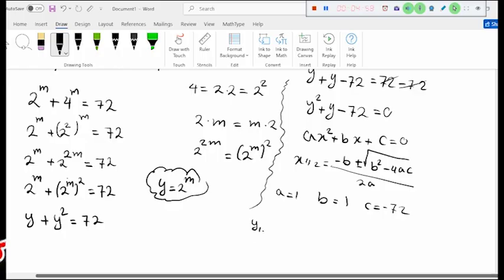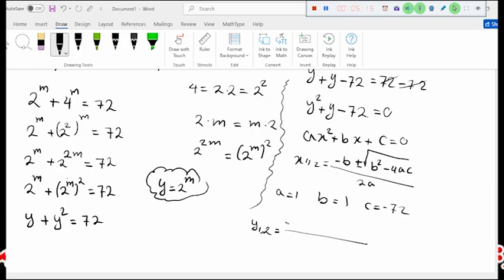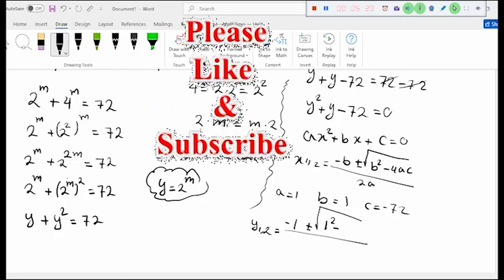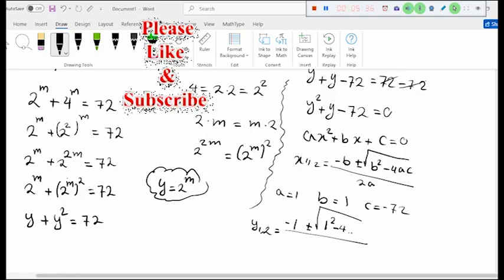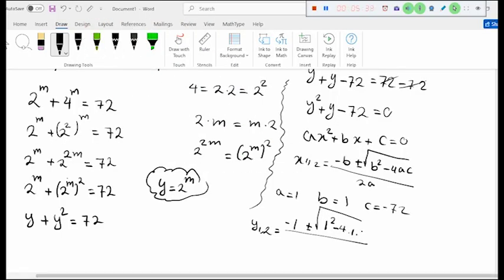So here y1,2 equal to minus, instead of b we put 1, plus or minus the square root of 1 squared minus 4 multiplied by 1 multiplied by minus 72, over 2 multiplied by 1.